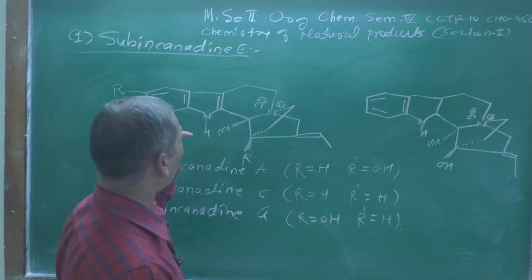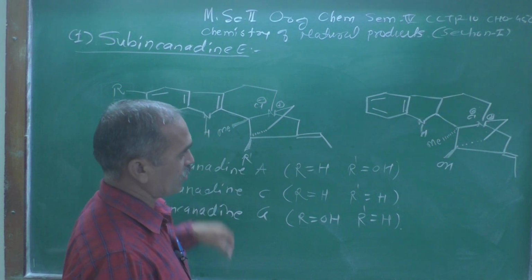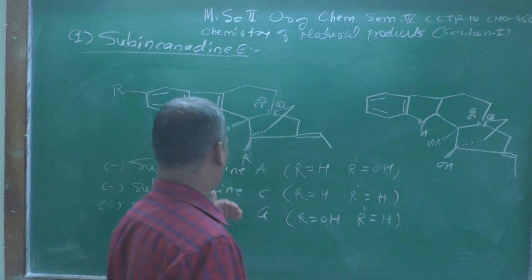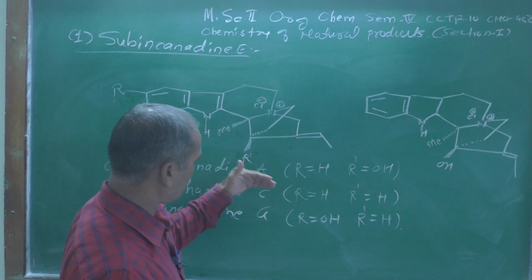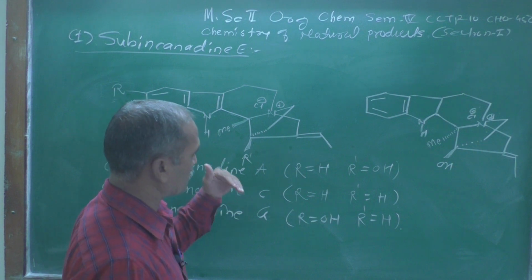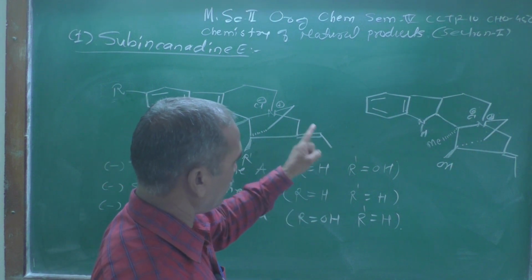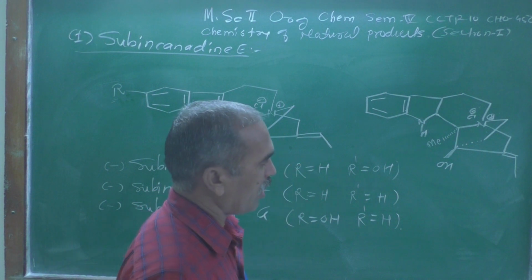In the first structure the methyl group is above the plane, and therefore we got 3 structures: Subincanadine A, Subincanadine C and Subincanadine Z, depending upon the nature of R and R dash.